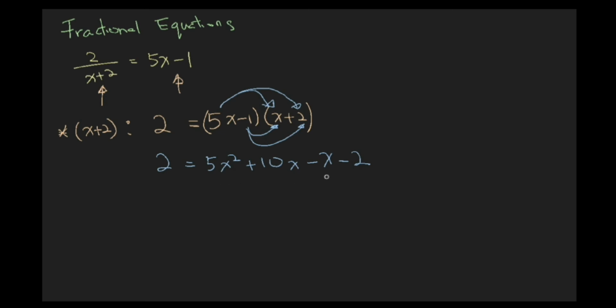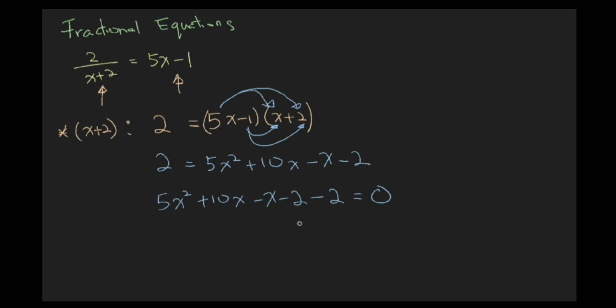To solve quadratic equations, you always have to move all the terms to one side and let it be equal to 0. So I'm going to shift the 2 to this side. So let me write down 5x squared plus 10x minus x minus 2, minus 2 from this side will give you 0.